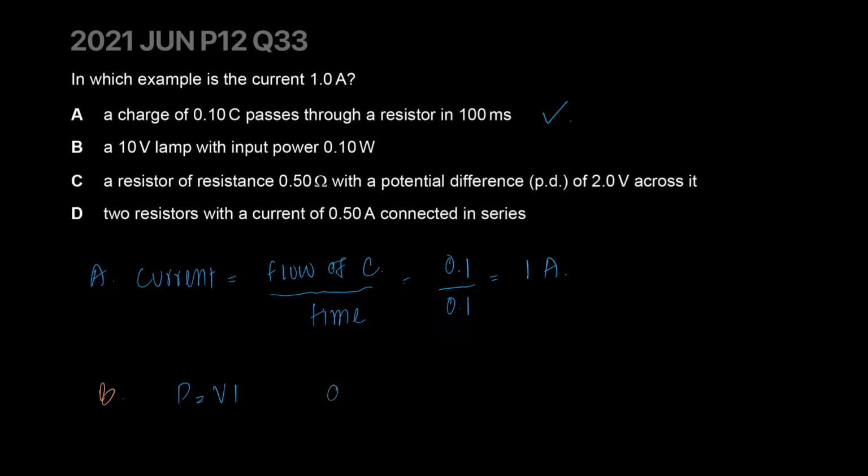The power is 0.1, right? And that is equal to the voltage, which is 10, times the current, right? And that'll just give you I as actually 0.01 amperes. So B is out. I mean, big shocker.